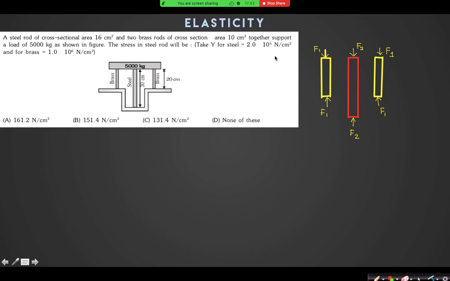If this remains at rest, then whatever the elongation or compression here is, it will be the same for all of them.